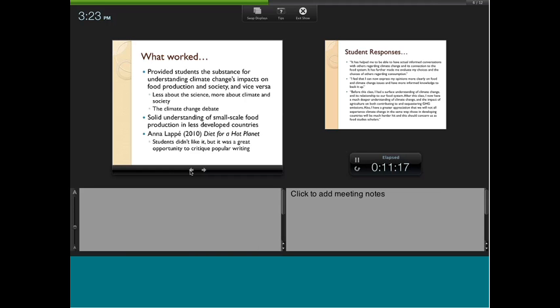Another thing I think worked really well was we developed a pretty solid understanding of small-scale food production in less developed countries. Again, this is coming from my background and really me going out and looking for literature in journals that I was familiar with.